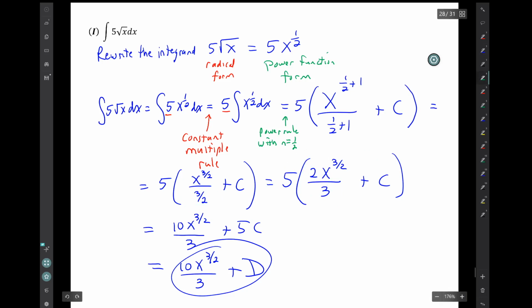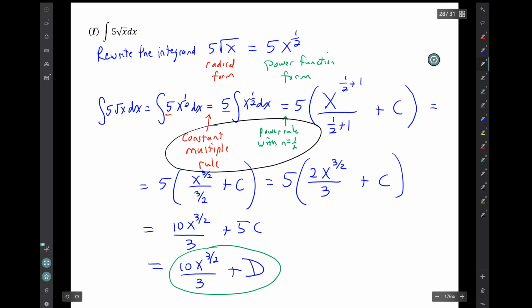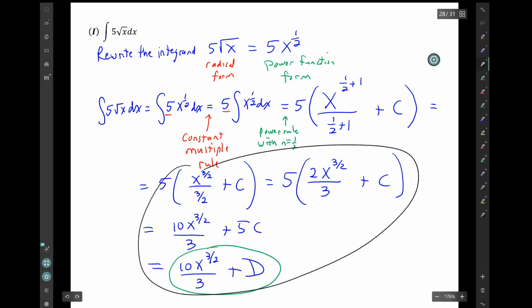But as before, when you end up with a constant of integration that's plus 5c, well, since c can be any real number, 5c can be any real number. So we can just replace the 5c with D. So the result is this expression. Lots of arithmetic, lots of steps. Only 2 steps involving indefinite integral rules: the constant multiple rule, the power rule. 4 steps of simplifying. All of these steps were simplifying.